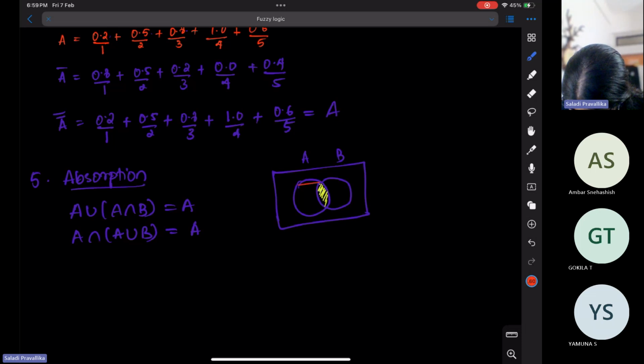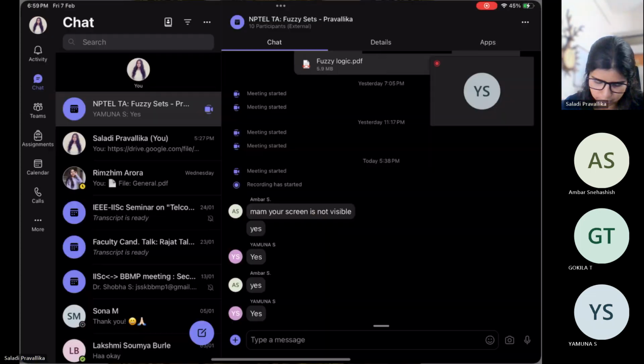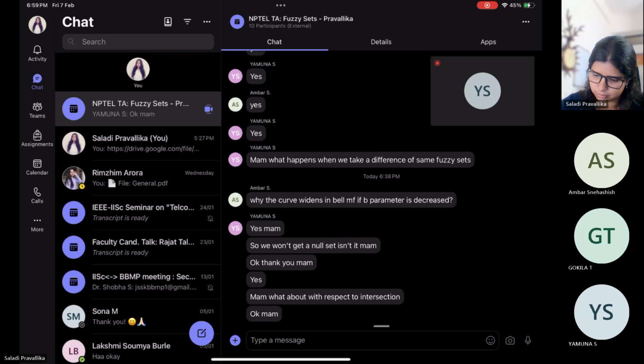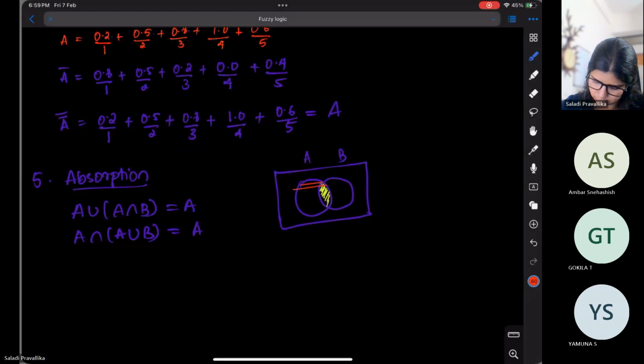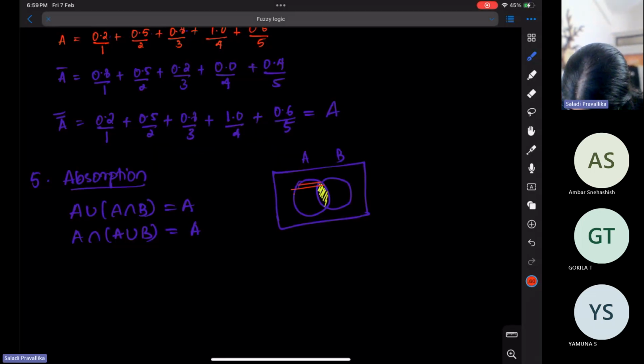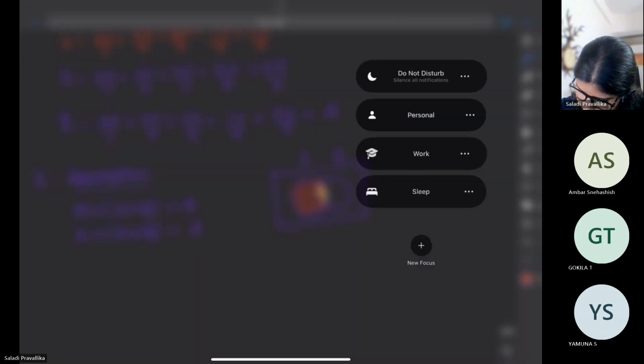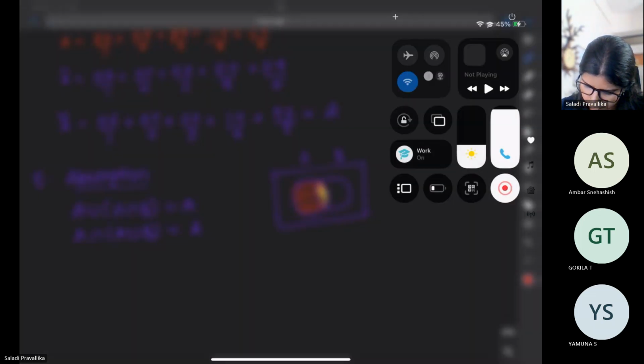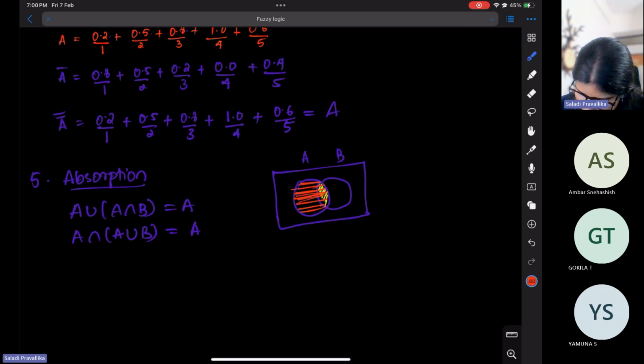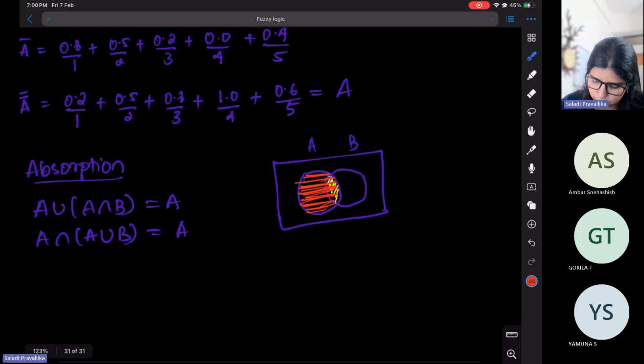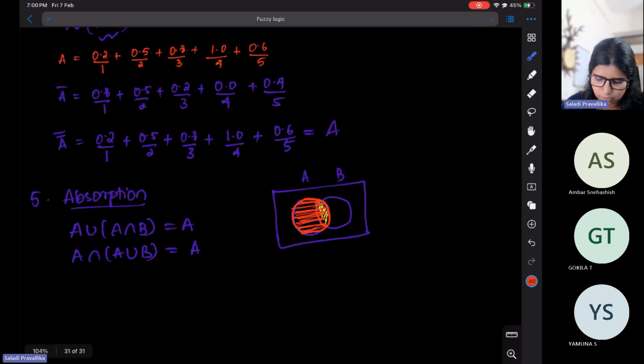Okay. A is going to be this whole thing. So this small part and this whole part union is nothing but A, right? So in a classical set, this is how this works. The same thing is for the second part also.